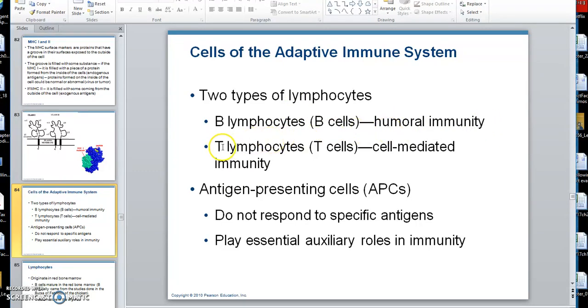And the T lymphocytes, cell mediated, take cells out if they're infected by intracellular stuff. Then the third group of cells we just mentioned, antigen presenting cells. So the 3 cells in the third line of defense, adaptive, are B lymphocytes, T lymphocytes, and some cells called the antigen presenting cells.